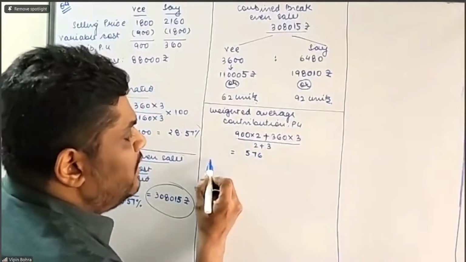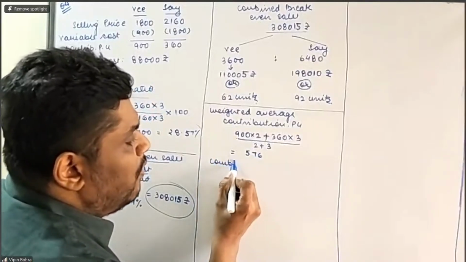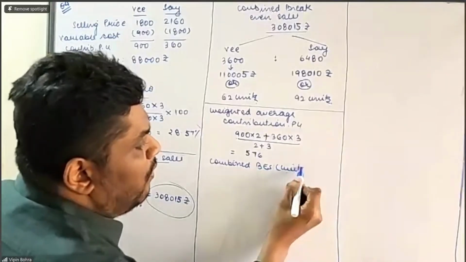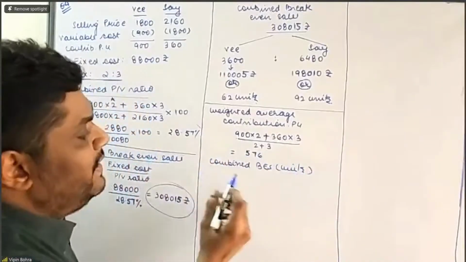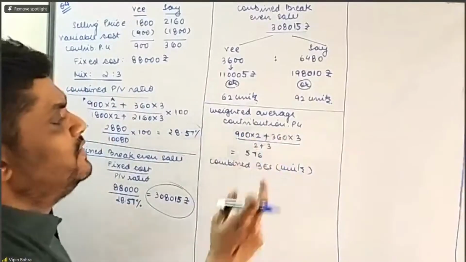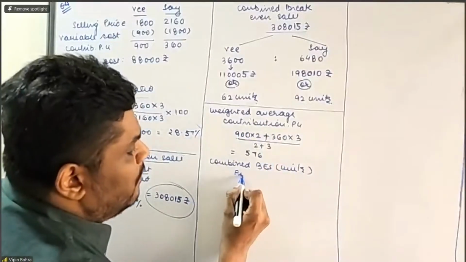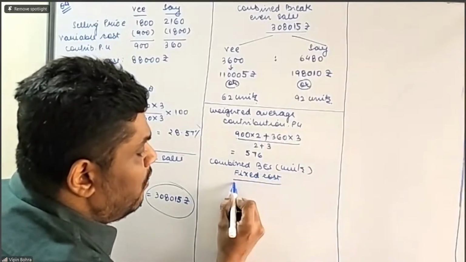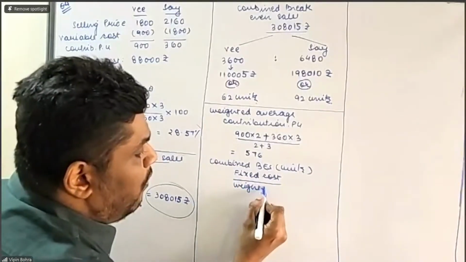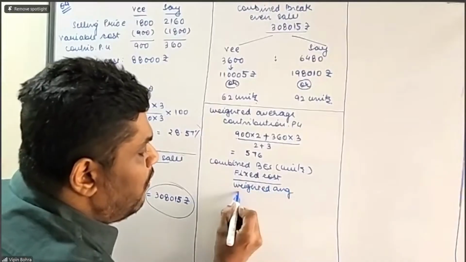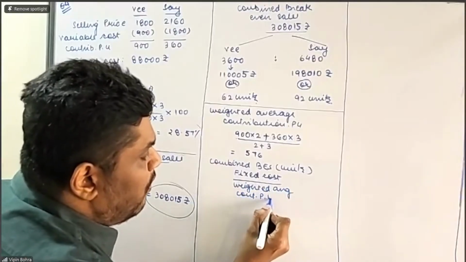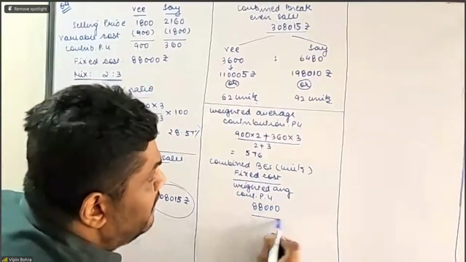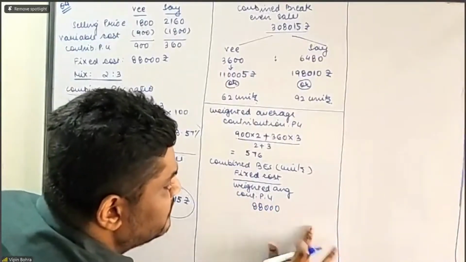Now let's calculate the combined break-even point. Again, fixed cost divided by weighted average contribution per unit. My fixed cost is 88,000 divided by 576.